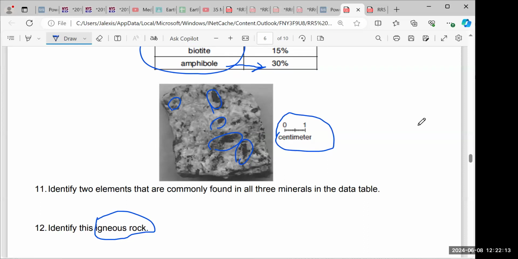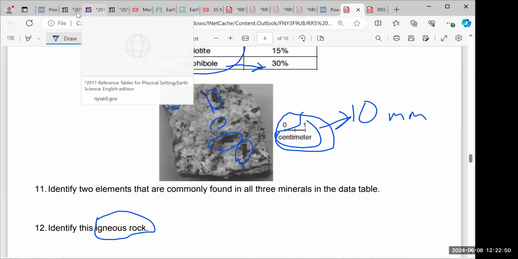Keep in mind that 1 centimeter is equal to 10 millimeters. The point is that these crystals are actually pretty big. If you have crystals that are 0.7 or 0.8 of a centimeter, or actually 1 centimeter, that means these crystals are big. They're visible.